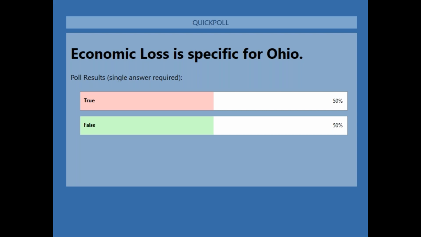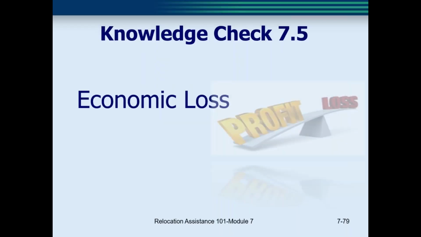It is specific for Ohio, just as loss of goodwill is, because remember I talked about how you will not find loss of goodwill or economic loss in 49 CFR, and most states do not have them. It is specific to Ohio because Ohio back in 2007 actually passed state law adding these two benefits.